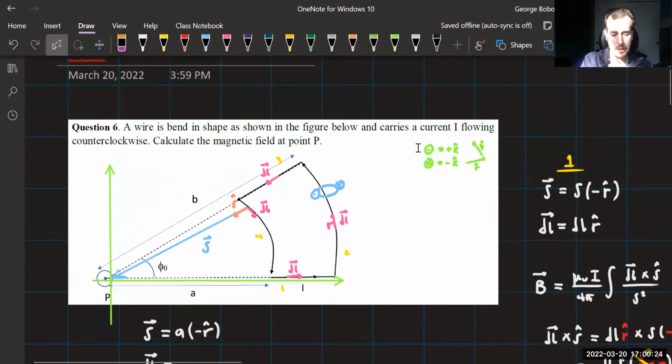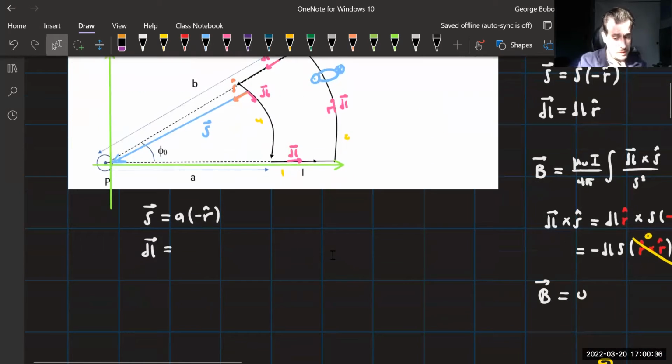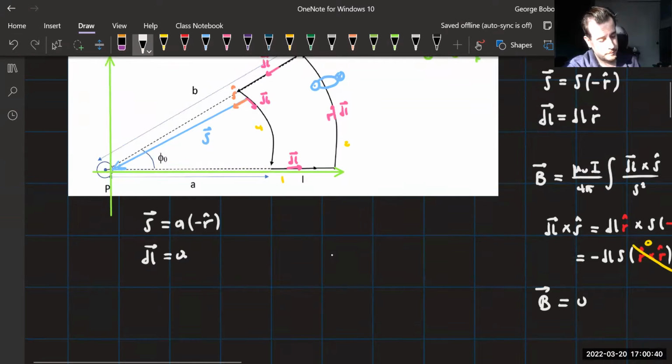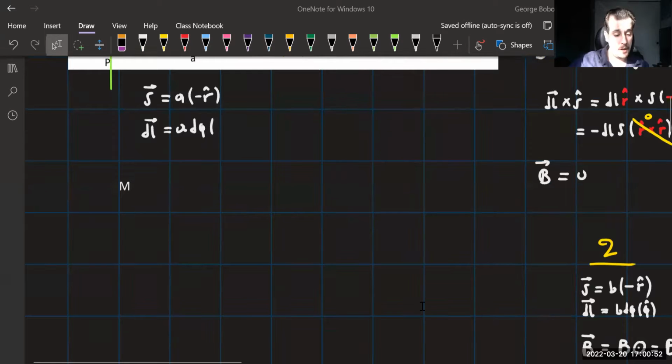Which of the two component directions? Take a look again before you answer that: phi points counterclockwise. So if you're going clockwise, think about what that means. So what direction is dL pointing? It is pointing negative phi hat.